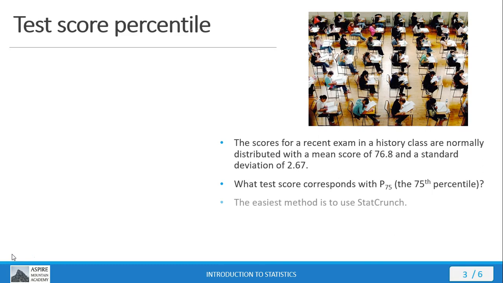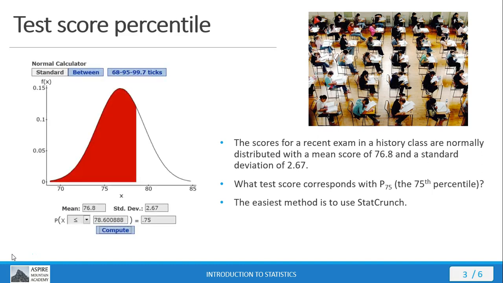Okay, let's see how you did with that. So again, we're going to use StatCrunch to figure this out. Inside StatCrunch, you have your normal calculator. Notice we've put in the mean and the standard deviation values here in these fields, and we want the 75th percentile. Remember, percentiles represent the area under the curve to the left, because when we were looking at percentiles originally, we wanted all the data values that were less than the data value of interest.